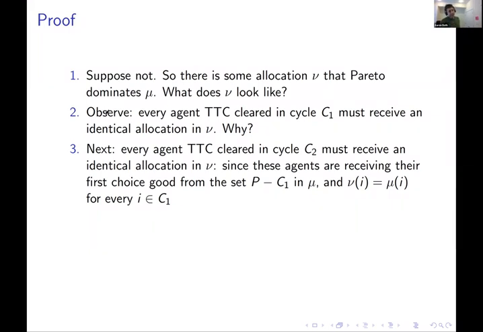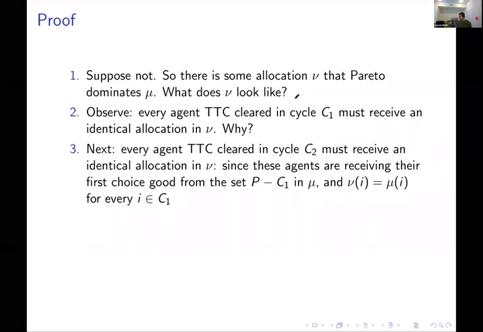But I claim that, given that everyone in nu got the same allocation as the people who got cleared at round one in the top trading cycles, it's also got to be the case for people who were cleared at round two, because there are only two cases here. By the same logic, people who were getting their favorite good in mu, there's nothing that will improve upon that. They're still going to have to get their favorite good in anything that Pareto dominates mu.